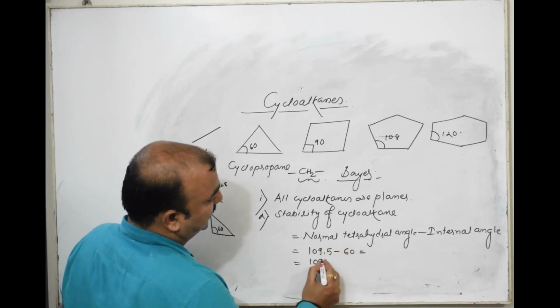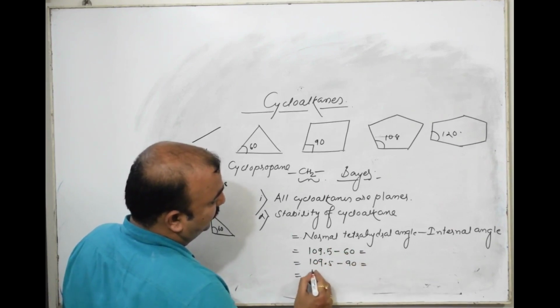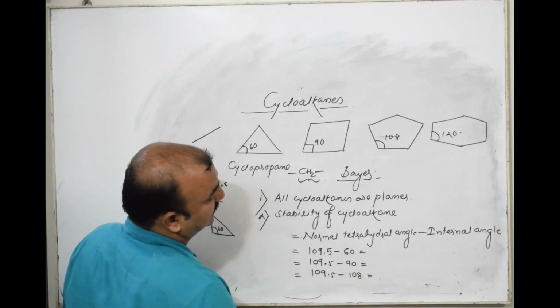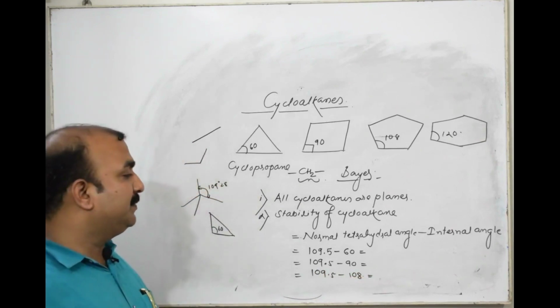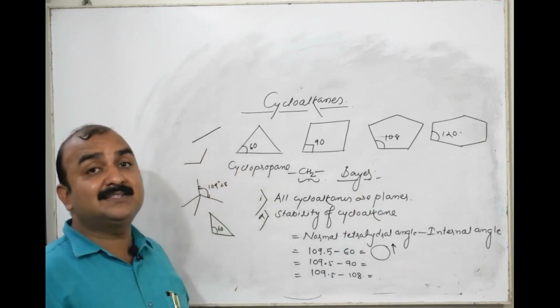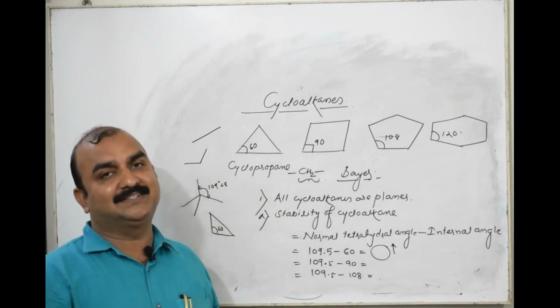For cyclobutane it was like this. For cyclopentane it was this much. It is found that cyclopropane has the highest angle strain, and was found to be the most unstable.